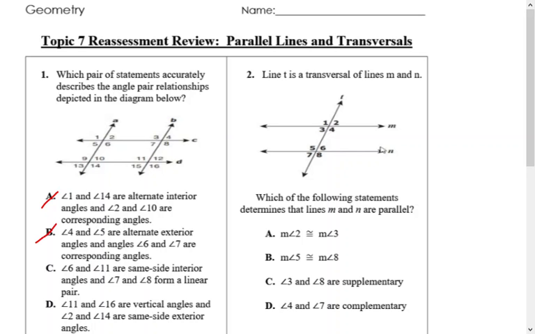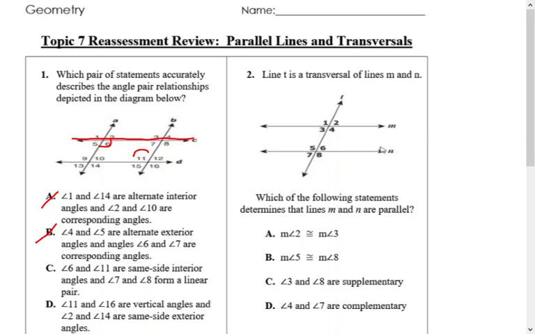Number 3 is 6 and 11 are same side interiors. So we have 6 and 11, those would be same side interiors. And 7 and 8 form a linear pair. So 6 and 11 are not interior or same side.